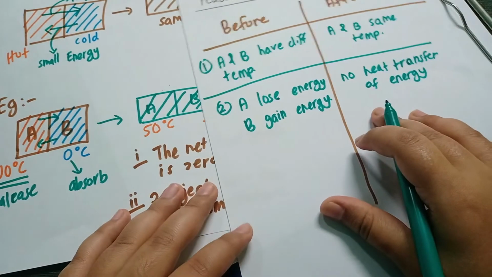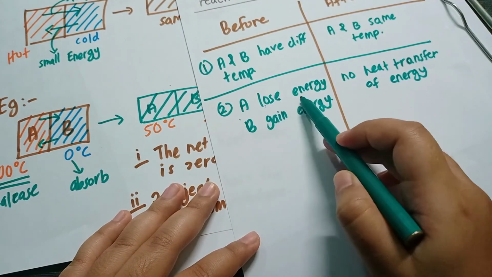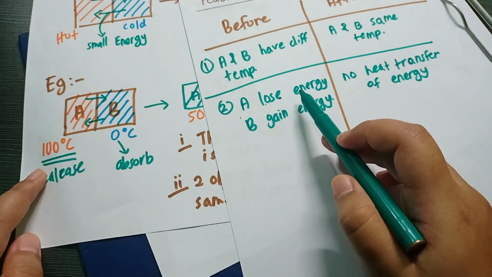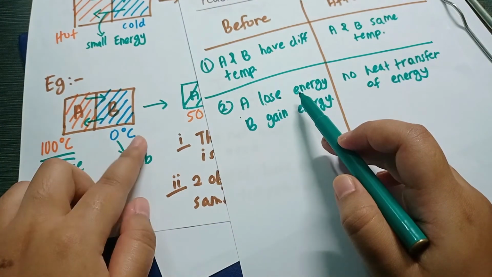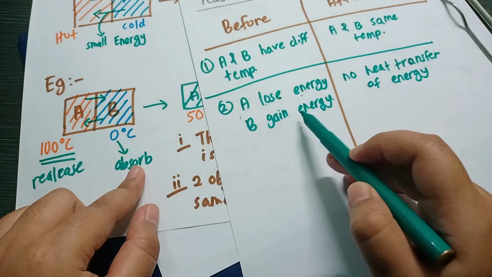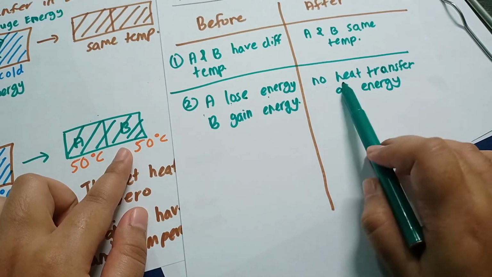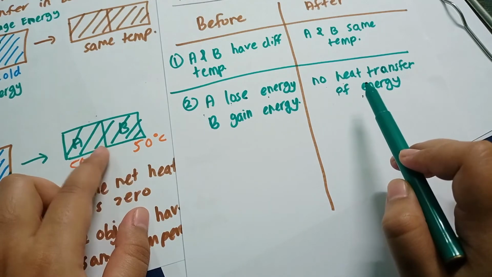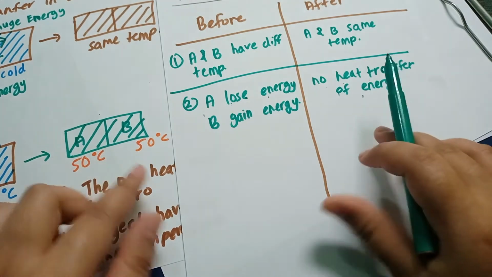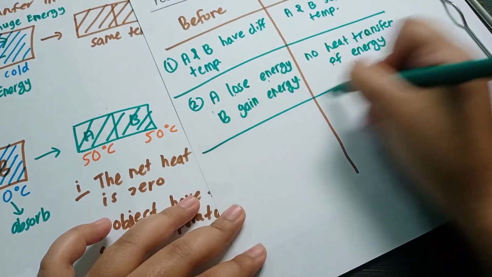As you can see here, A will lose energy because 100 degrees will release the energy and B will absorb, which is gain energy. But at the end, between A and B, there will be no heat transfer of energy because they have the same temperature.